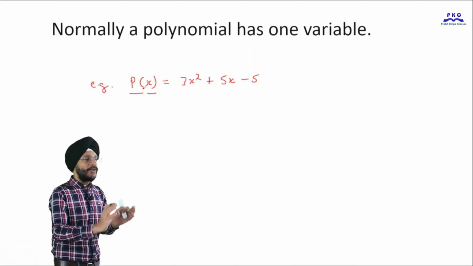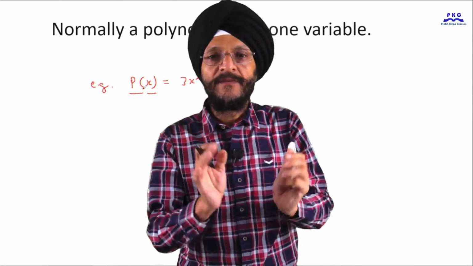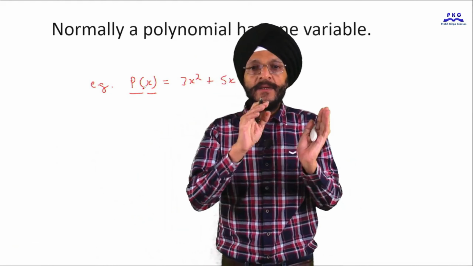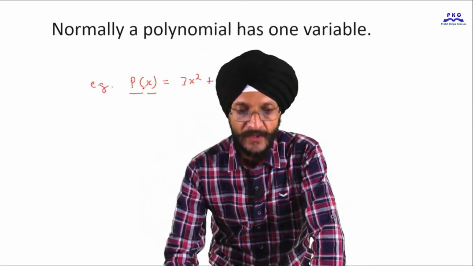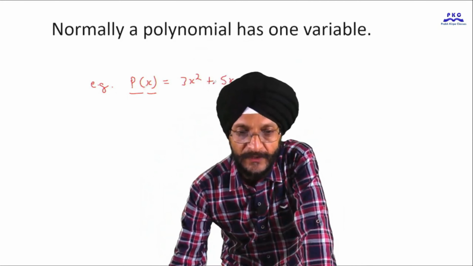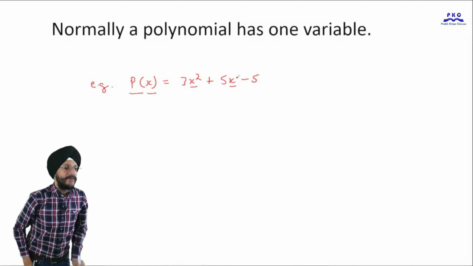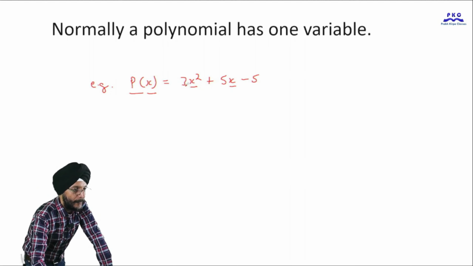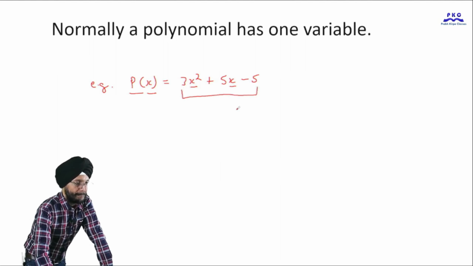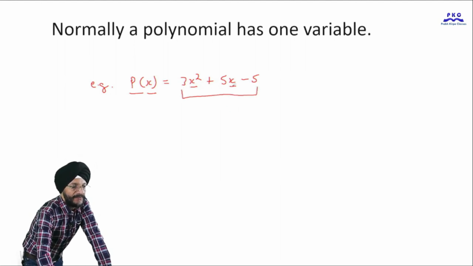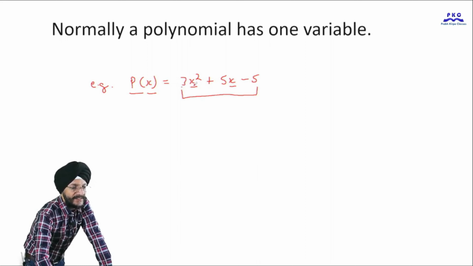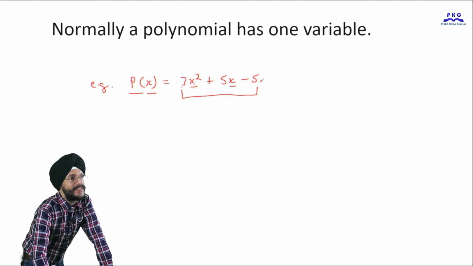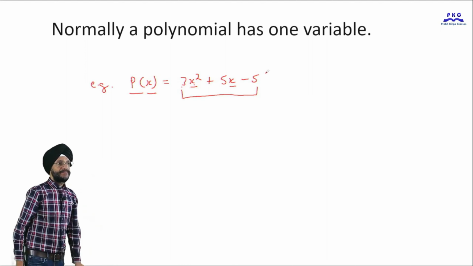P stands for polynomial, x stands for variable. It means polynomial with variable x. So here x is the one variable. In 3x square plus 5x minus 5, this is the coefficient, x is the variable and 5 is the constant.